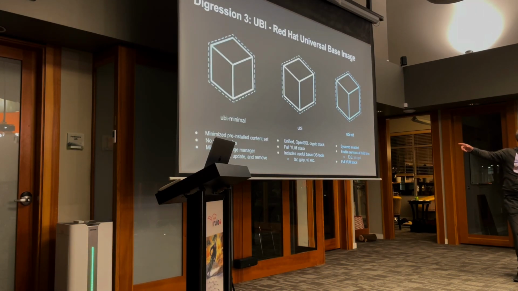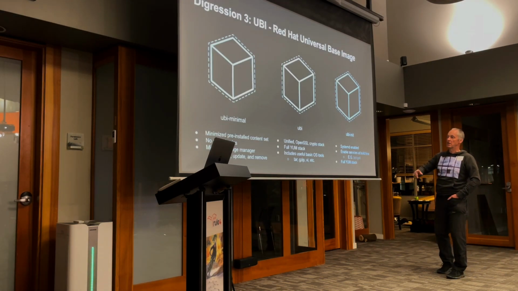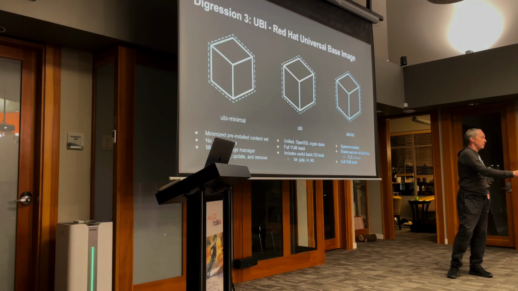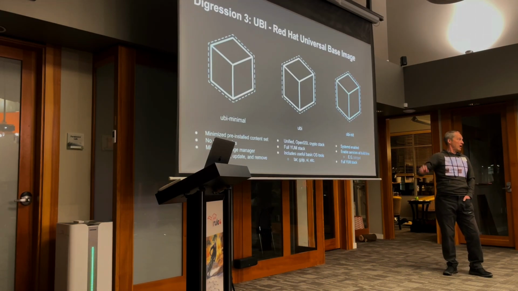But with UBI, over the last year, they've massively opened up the number of RPMs, packages and libraries from Red Hat which you can use for free and redistribute. So you've got three bases. And if you're a Debian person, there's probably something in the Debian, Canonical, Ubuntu world which is somewhat similar, so you could use that.